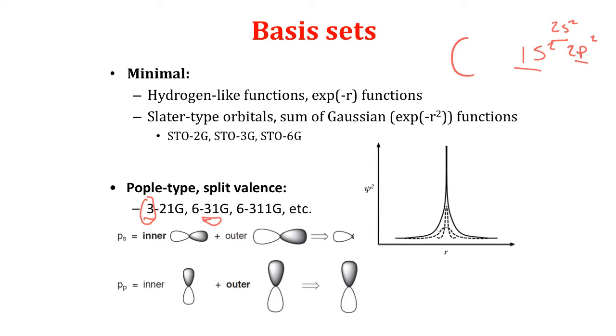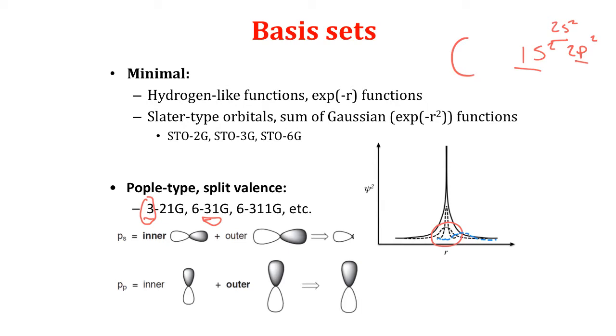The idea of the 2 plus 1 is we can have two functions centered closer to the nucleus, and then a third that is centered somewhere else. That's going to allow more functional form for these now larger valence orbitals.